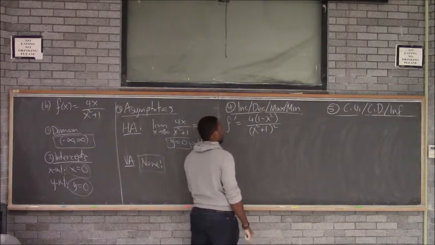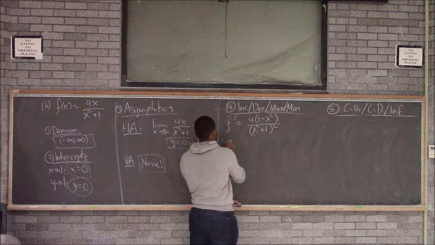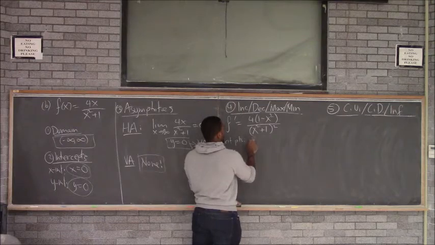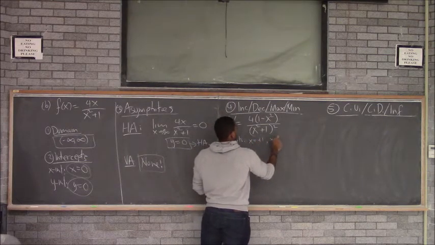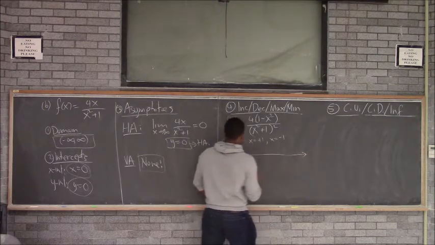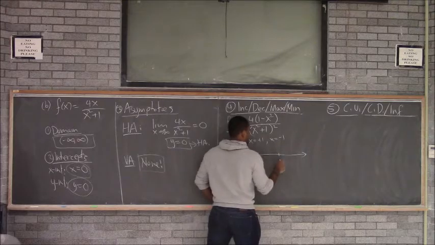So, we need the critical points. What are those here? Plus 1, negative 1. Denominator is never 0. So, negative 1, plus 1.